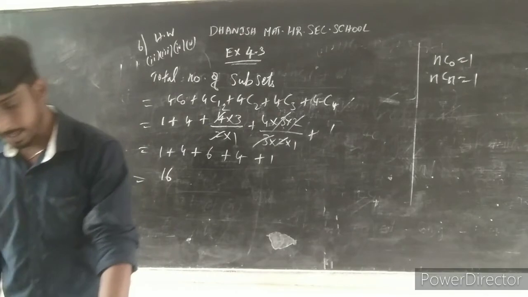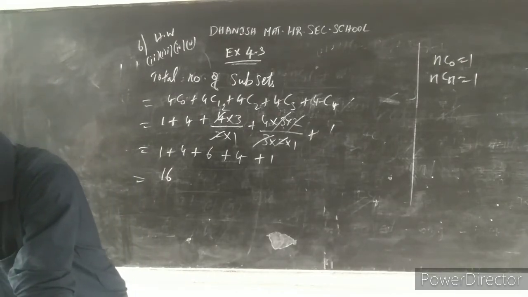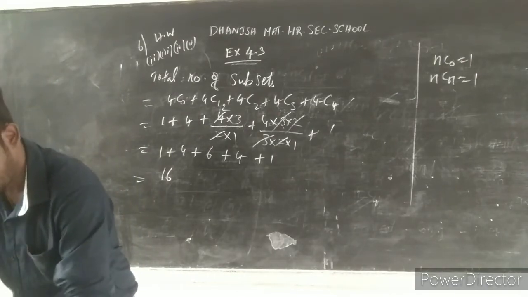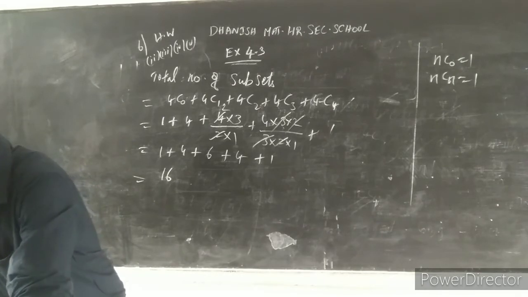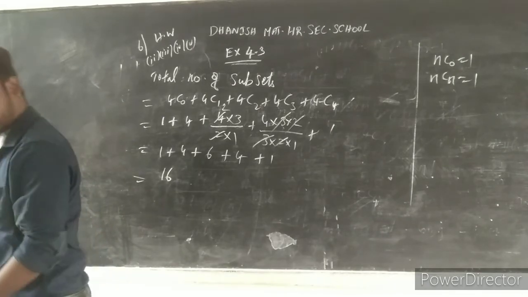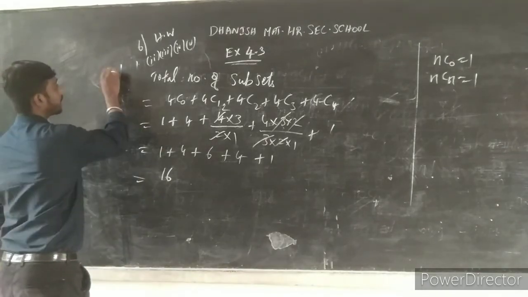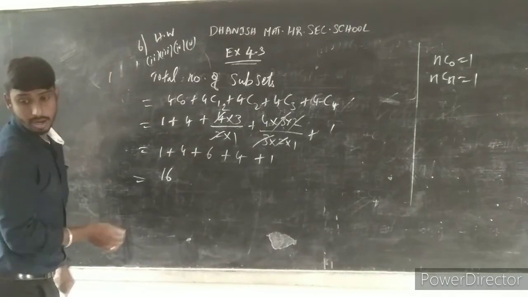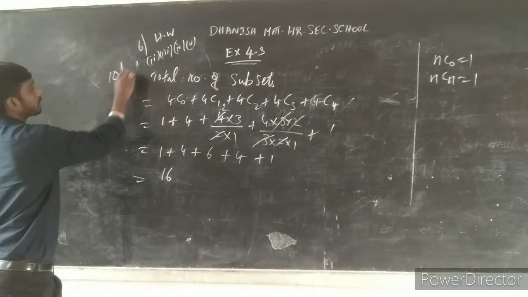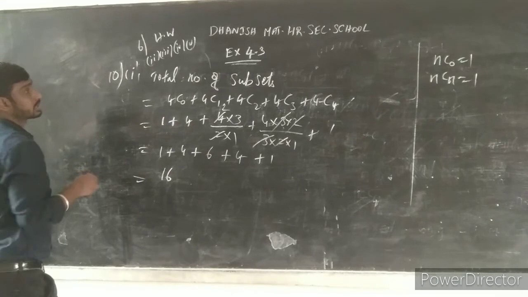The remaining sums are homework for you. The second and third ones in the 10th question are homework, and the 11th one is also homework. This is the first one we solved like this.